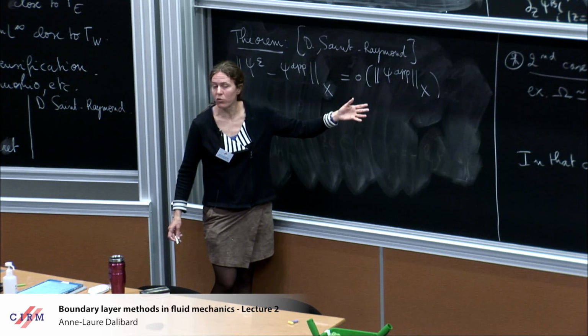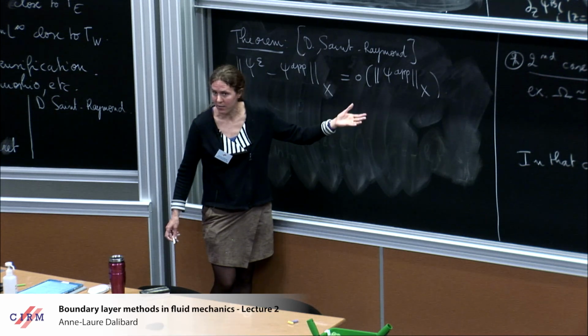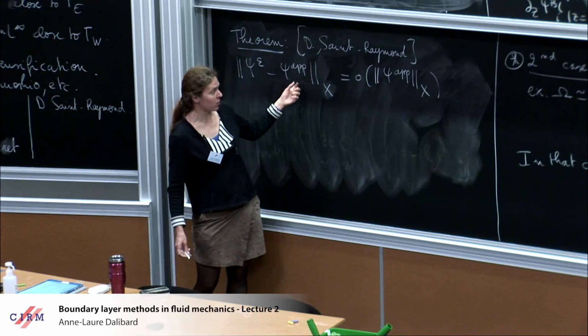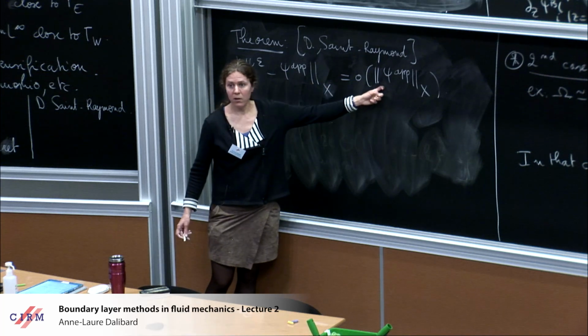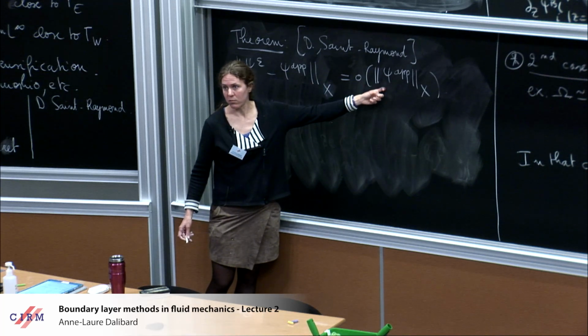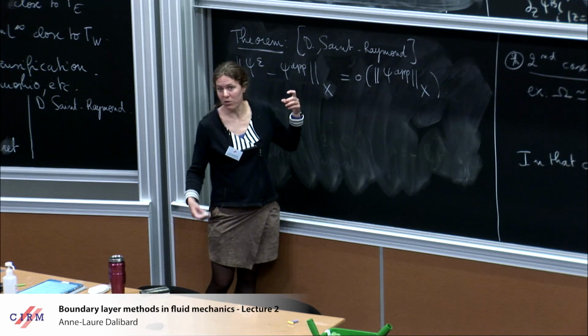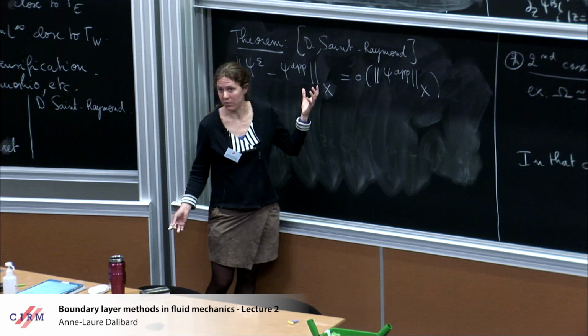When you want to prove that your approximate solution is legitimate, you just want to prove that the difference between your true solution and the approximate one is smaller than the size of the approximate solution. This is what justifies your asymptotic expansion in the first place.